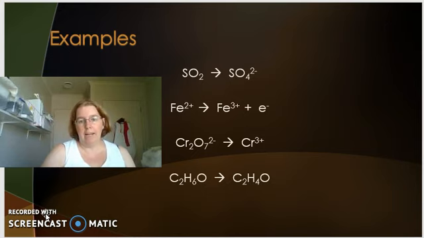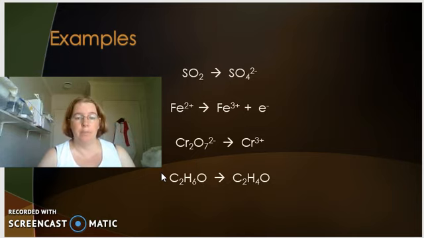Now, in this case, because the dichromate is a polyatomic ion, you can't just look at the charge and say it's gone from 2- to 3+, because that will give you a completely wrong answer. It is completely inaccurate.